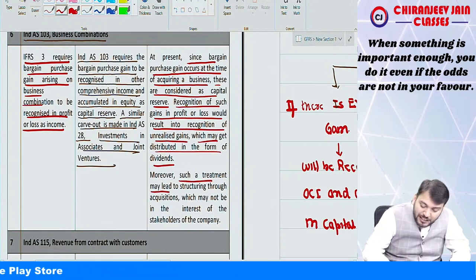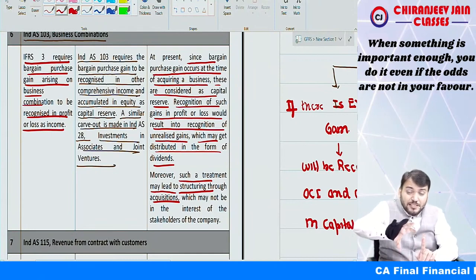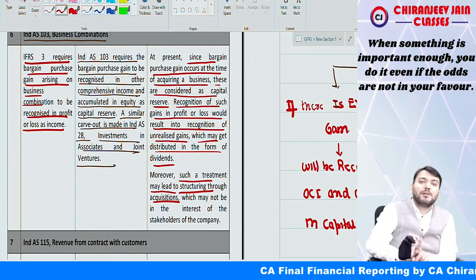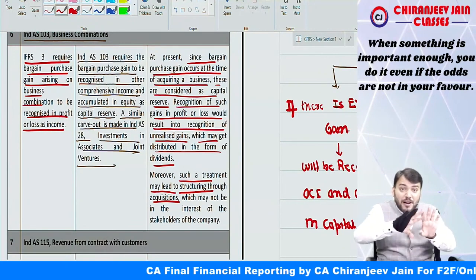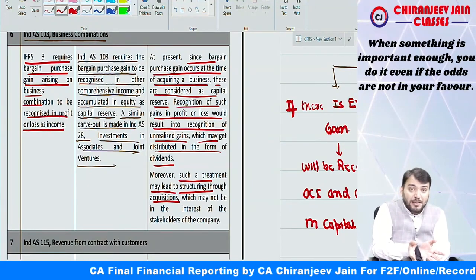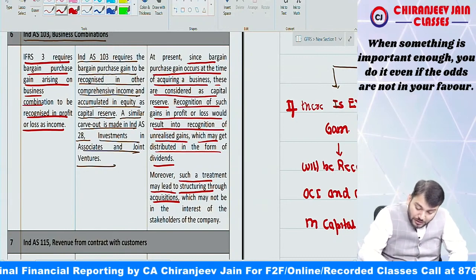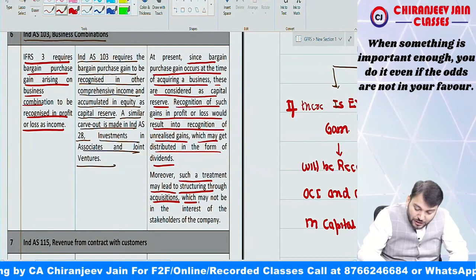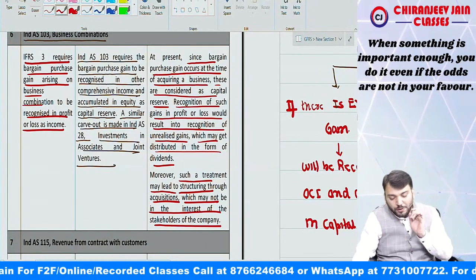Moreover, such treatment may lead to structuring through acquisition. Means, can I say this can be used as a tool for restructuring the financial statements of any company. Means they will do planning and calculate gain, and the financial statements of the company may be restructured due to this. Are you able to understand what I am saying? So this may lead to structuring through acquisition, which may not be in the interest of the stakeholders of the company. Understood? I hope you have understood.